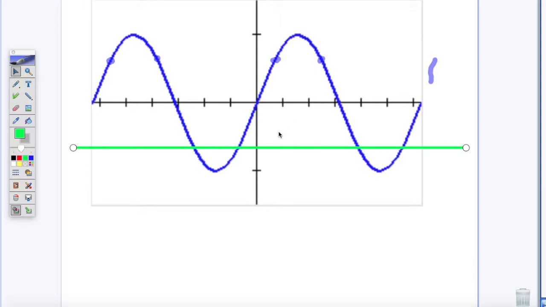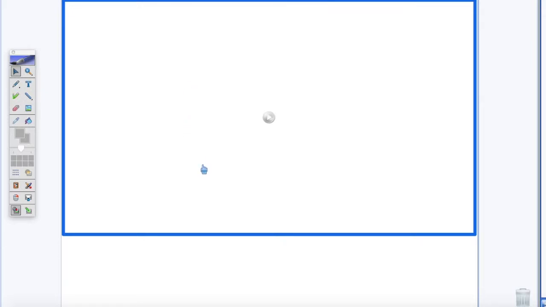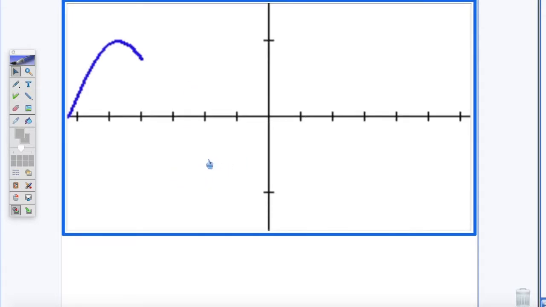So in order to overcome that, what we have to do is create a restricted domain. And we had talked about this earlier in class. In order to restrict the domain, let's take a look. I've got a little animation here. First we're going to draw a sine wave in blue.